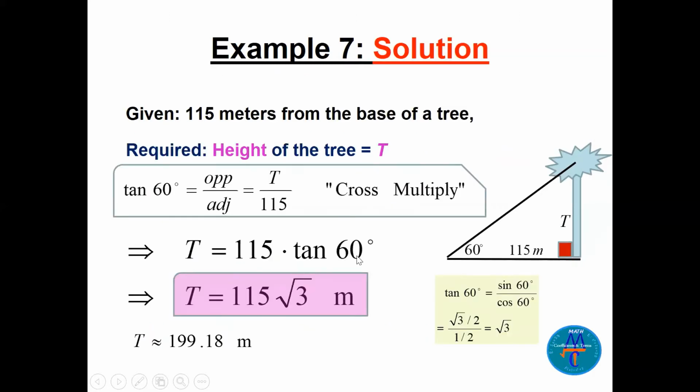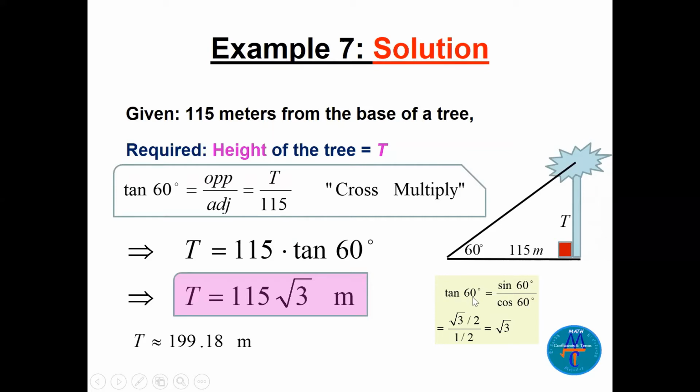Now, we have this triangle here. The best function we can use here is tan 60, because we know tan 60 is the opposite, which is the height of the tree, capital T, divided by the adjacent, which is the distance that we have been given, 115. See, tan 60 is equal to T over 115. Let's cross multiply. So capital T that we need is 115 times tan 60.